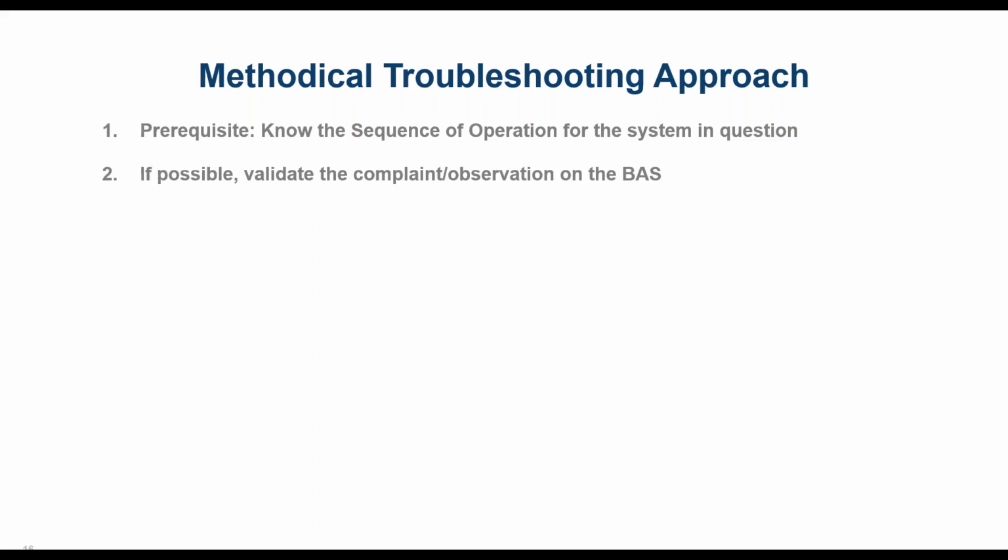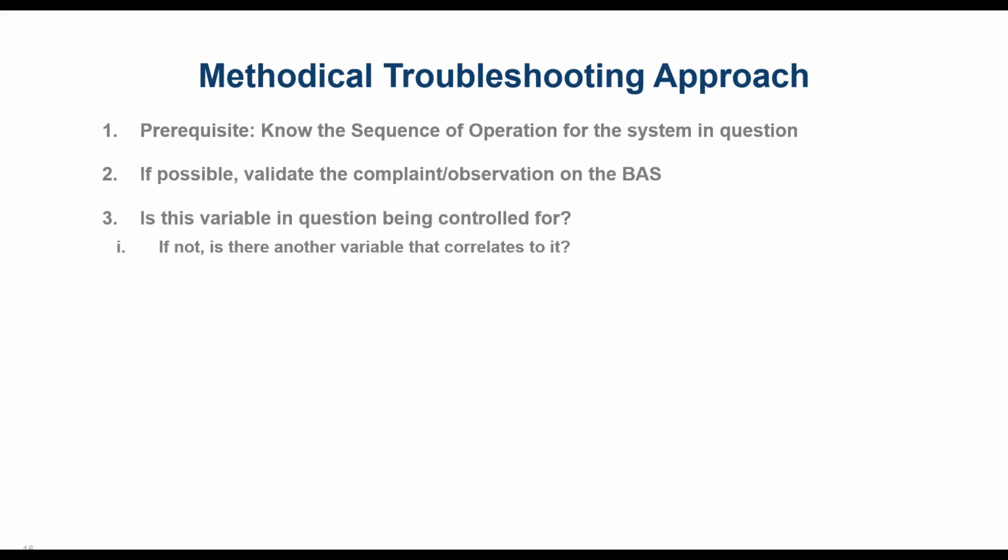Or you might have an alarm come in on the automation system saying the pressure is too low in a hot water system or something to that effect. And you can maybe pull it up and see that information and validate maybe that the alarm threshold was inappropriate, but you can at least validate if the complaint or observation is legit.